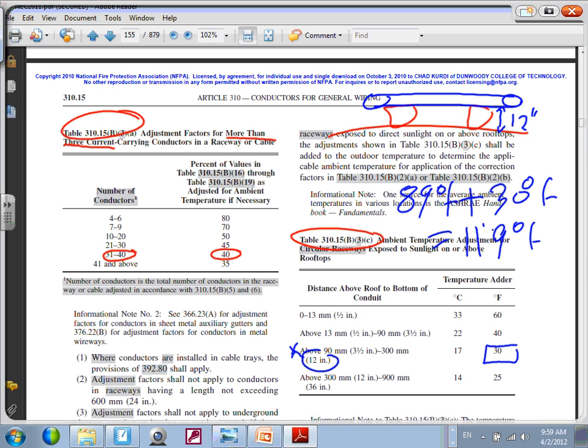Did I do it right? Yeah, 119. So my new ambient temperature becomes 119. Any question about how to use this temperature adder if you put conductors exposed to the sunlight above a roof? You can't leave Dunwoody without knowing this table. Any question, guys?